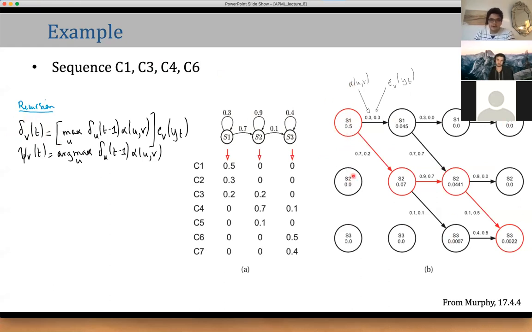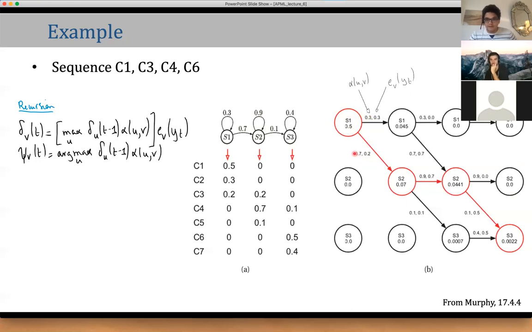At position 1, you observe C1, so there is a probability of 0 to observe C1 from state 2 and state 3, so it's already at 0. And you have a probability of 0.5 to observe C1 from state 1. Okay? And now you can use the Viterbi algorithm to start to fill in this matrix, taking the max at each time.